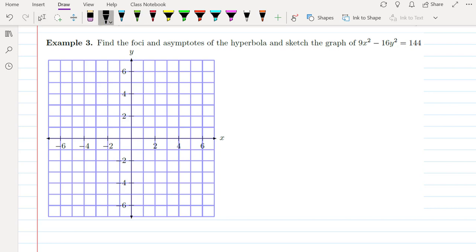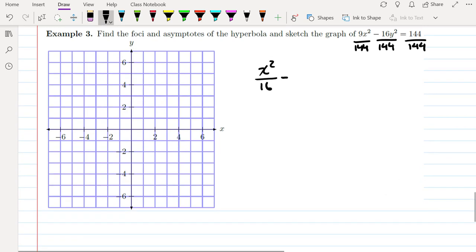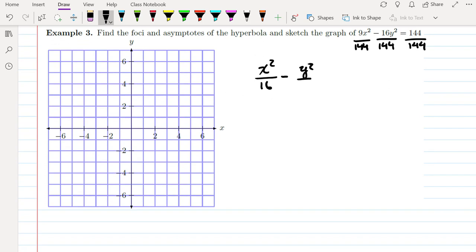Like we've seen in the previous problems, we need to get 1 on one side of the equation. So we're going to divide everything by 144. 9 goes into 144 16 times, and 16 goes into 144 9 times. So that gives us the equation x squared over 16 minus y squared over 9 is equal to 1.